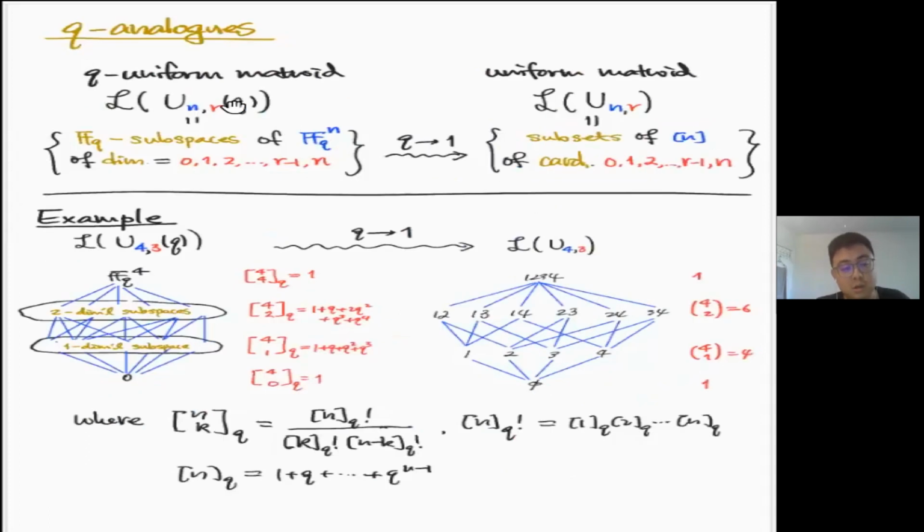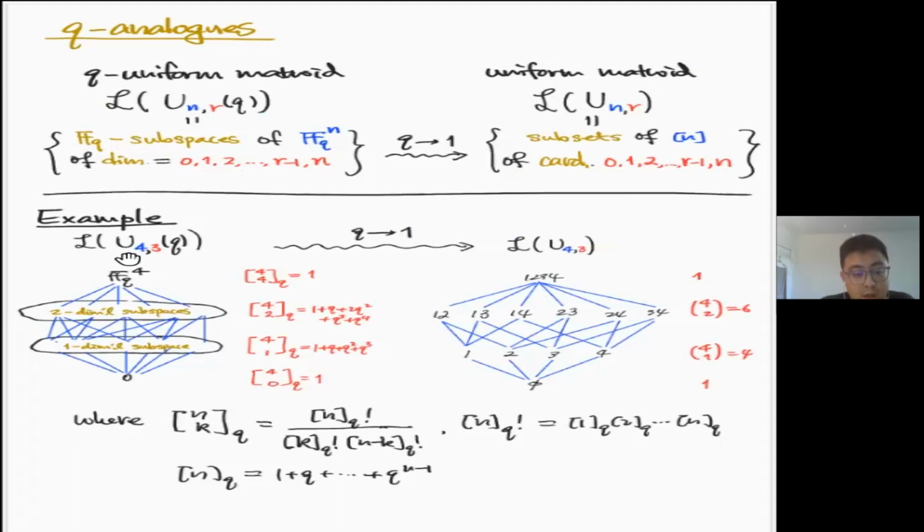Now the q-analog of the uniform matroids are what we call the q-uniform matroids, denoted U_{n,r}(q), and similarly we have the lattice of flats associated to them. Instead of a lattice of subsets of 1 through n, this is now the F_q-subspaces of the finite field F_q to the n, with dimension from 0, 1, up to r minus 1, and then n.